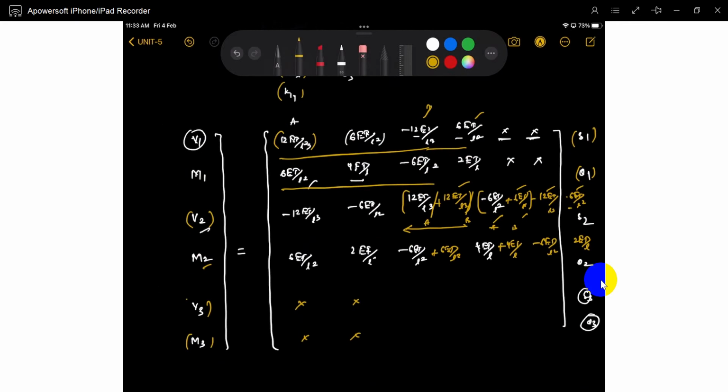You will get only minus 12 EI by L cube, minus 6 EI by L square, 12 EI by L cube, minus 6 EI by L square, 6 EI by L square, 2 EI by L, minus 6 EI by L square, 4 EI by L. So just observe it.